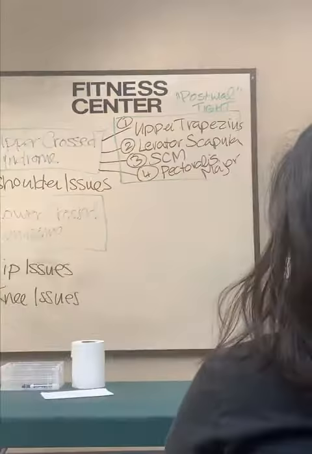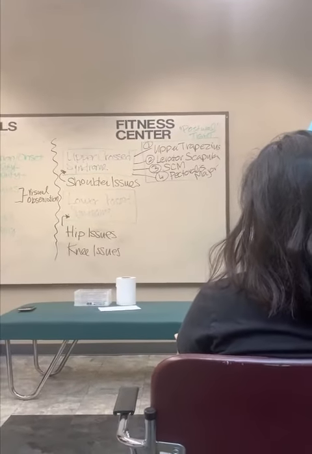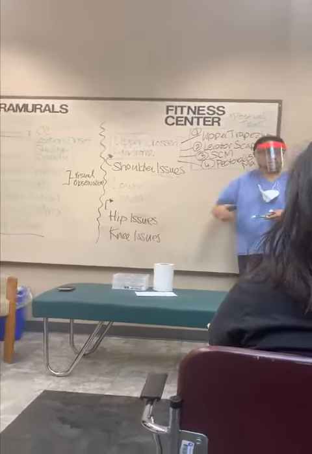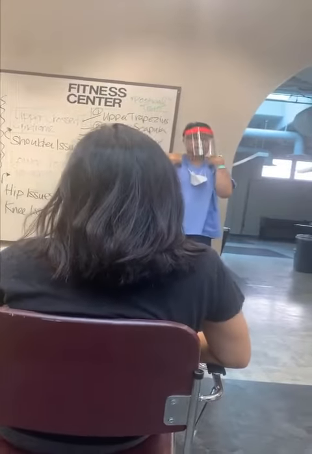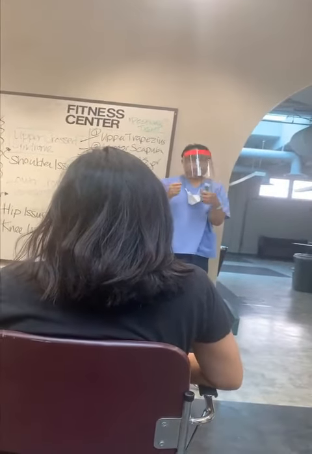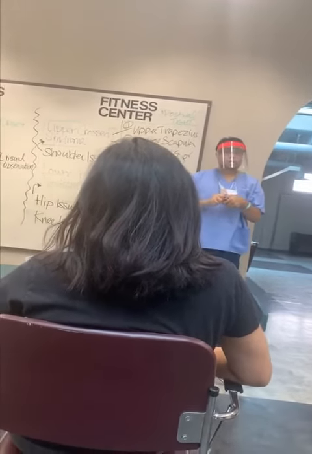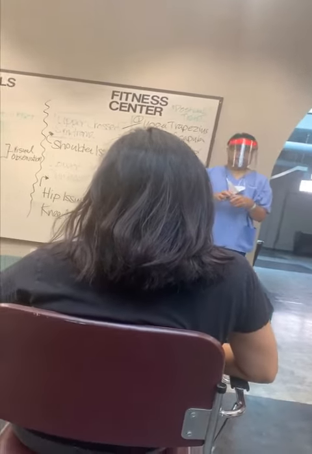Okay. So when you're looking at posture analysis, right, you're looking for tightness. Levator scapula, upper trapezius, we have one on both sides. If upper trapezius and levator scapula on both sides are working, both of them are going to extend the neck.